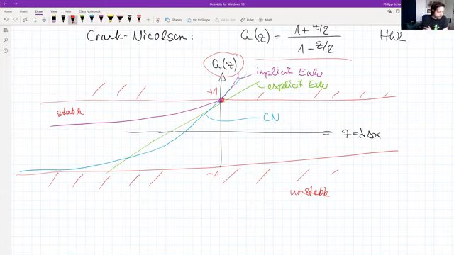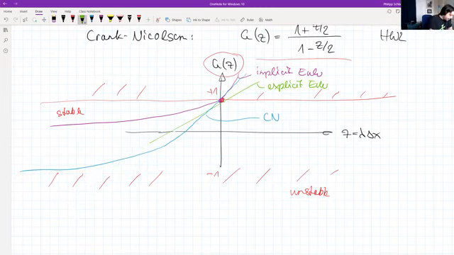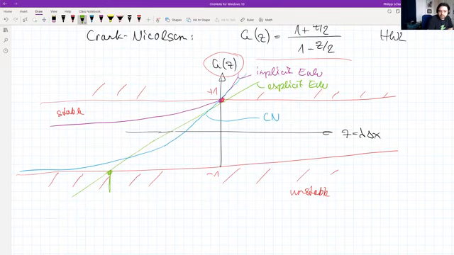And this we knew. We also now know that everything that is inside the red bits on the left side is stable. Here we see that it's only the explicit Euler scheme that actually leaves the stable region, and of course, that is located at -2. This we know from the circle from before.